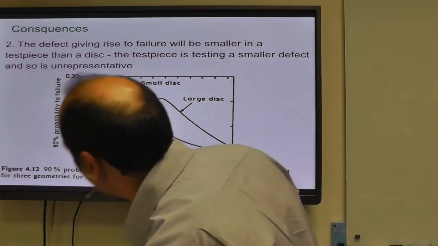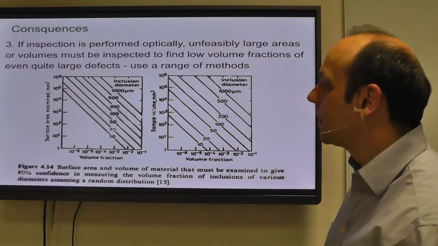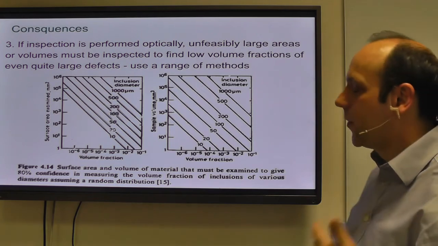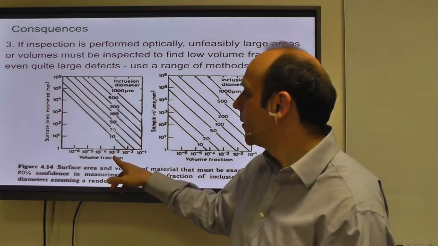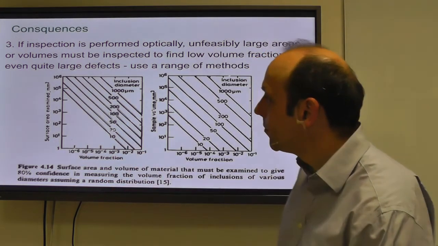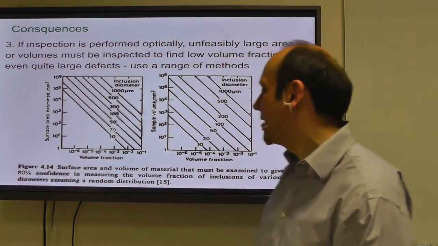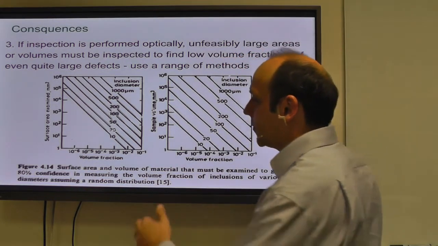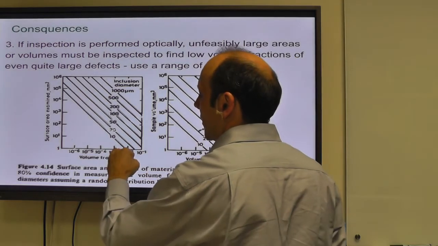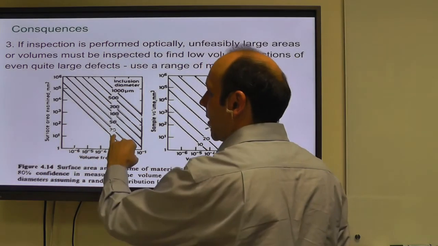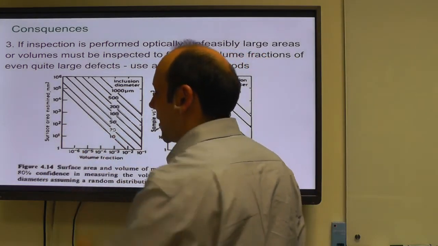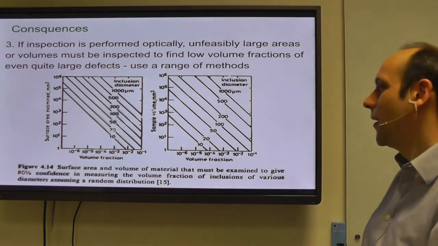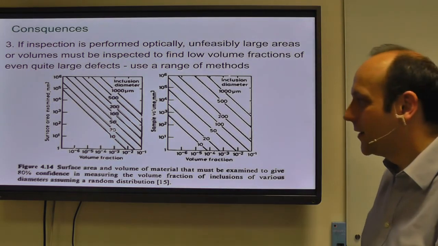The other thing is that if you have a given volume fraction of inclusions, and a given size of them, you can read off how much material you must examine in order to have an 80% confidence of finding one. So, for instance, if you have a volume fraction of 10 to the minus 3, 0.1%, 10 micron defect, you would have to examine 10 millimeters squared of material in order to measure that volume fraction correctly.